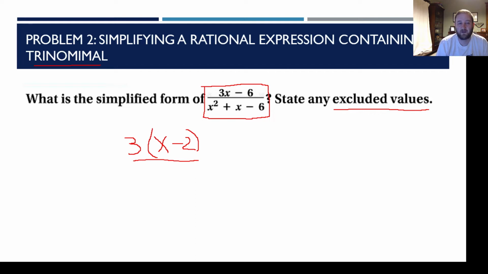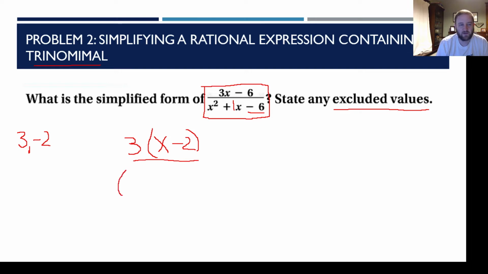Okay, so we want factors of negative 6 that add to a positive 1. Okay, well, what factors of negative 6 add to positive 1? That's positive 3 and negative 2, right?